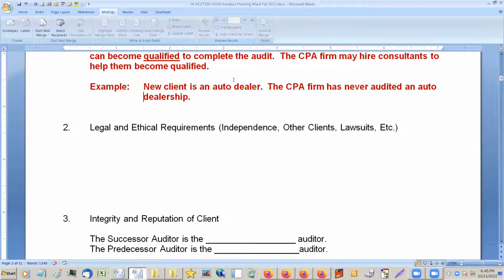The CPA firm has never audited an auto dealership.